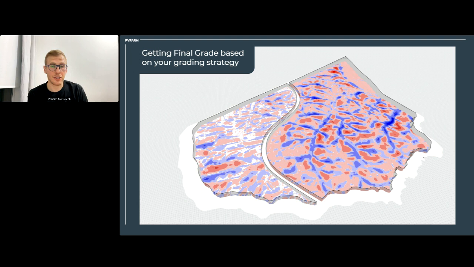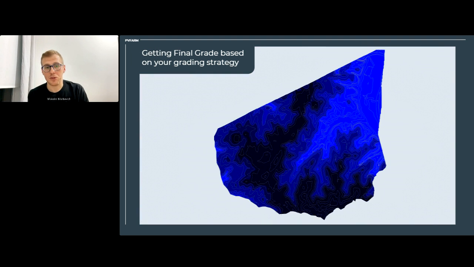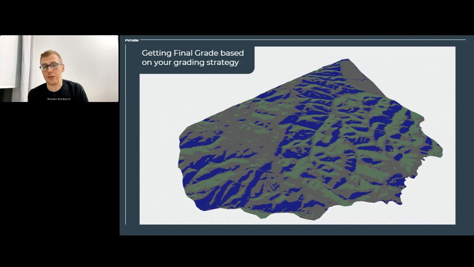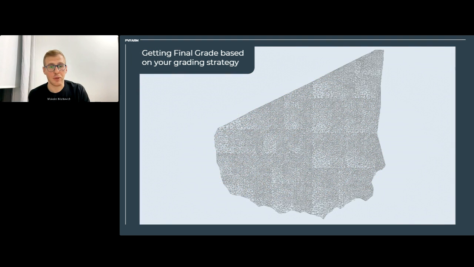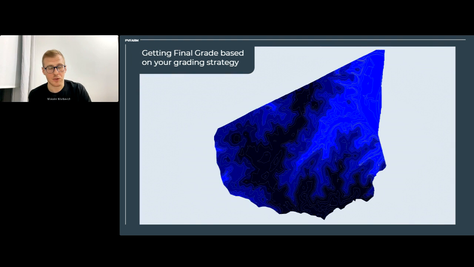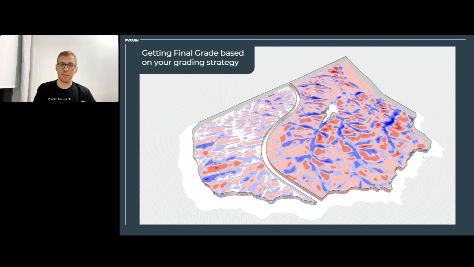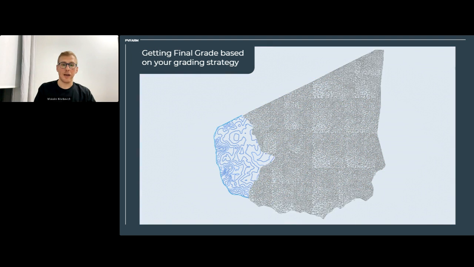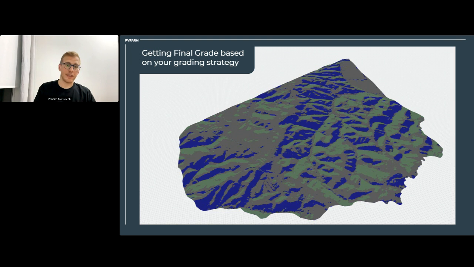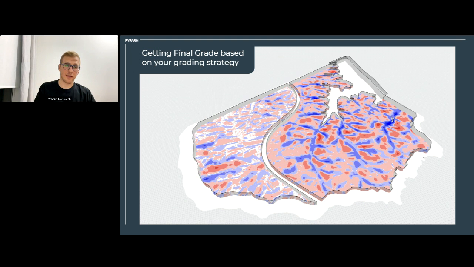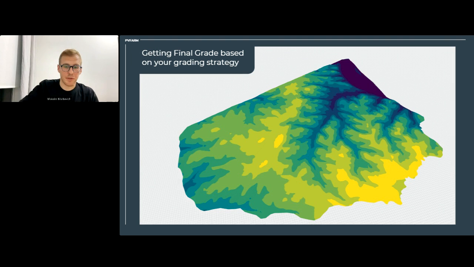Then you have catch grading, where you don't have arrays but need to grade anyway. And you also have equipment like transformers, skids, and substations, which get another grading strategy. Those grading strategies can be applied independently on one surface. They adjust your existing grade into the final grade, which can then be exported into Civil 3D, for example.